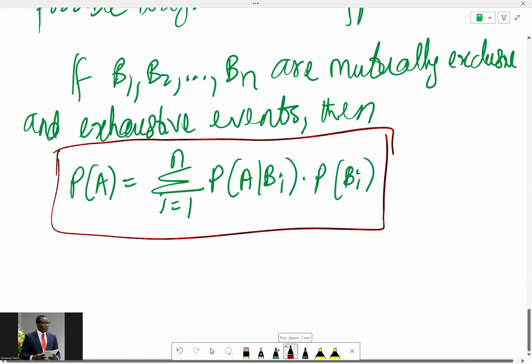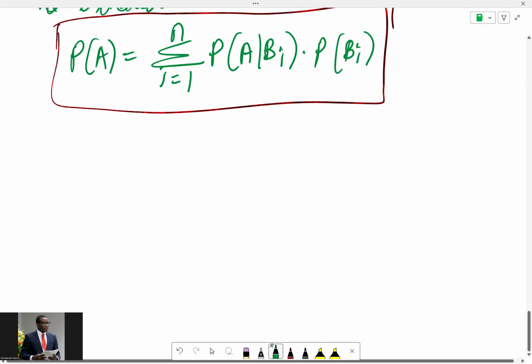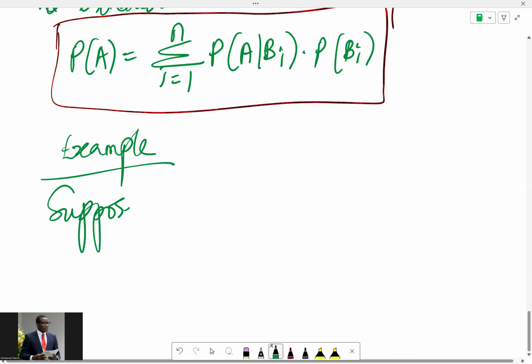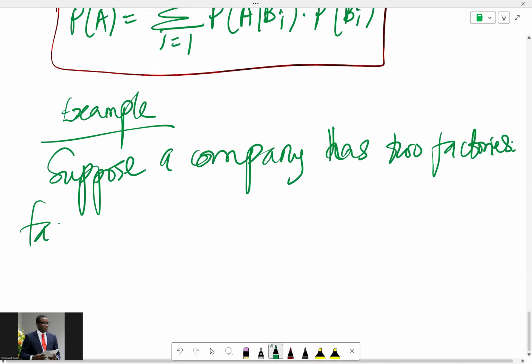So let's take an example. Suppose a company has two factories, factory 1 and factory 2.